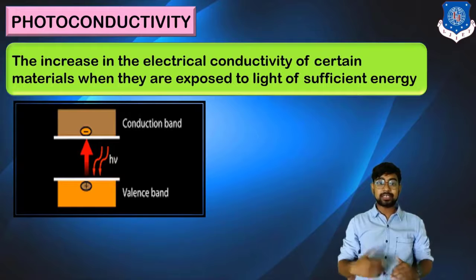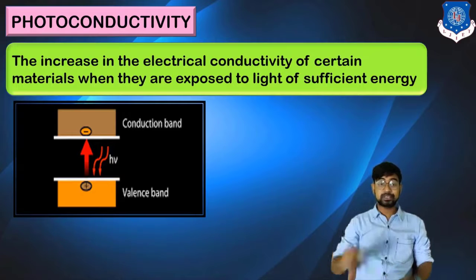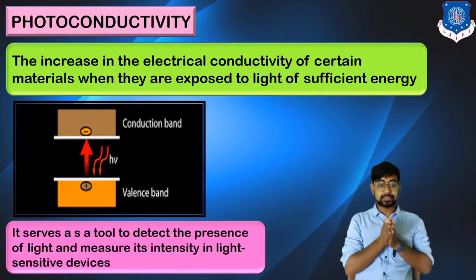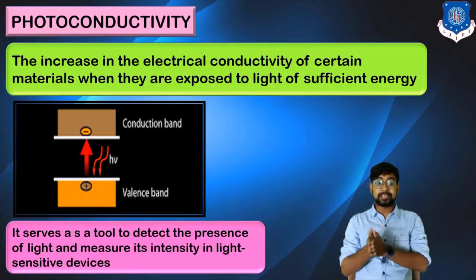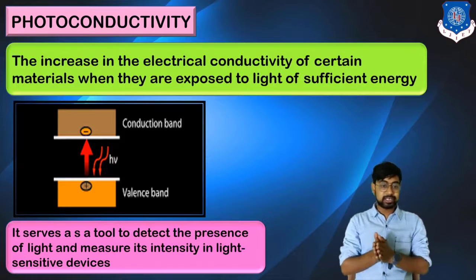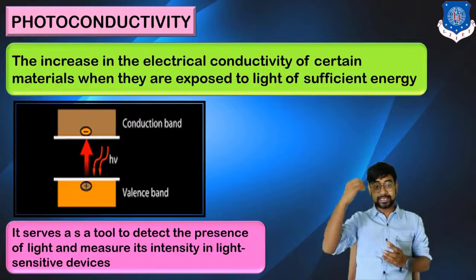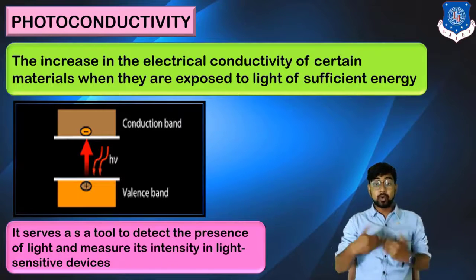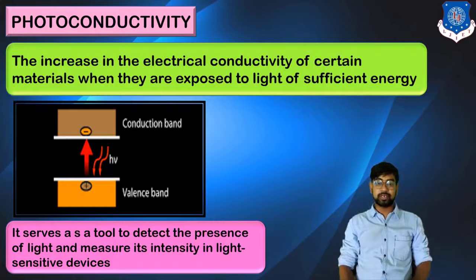This is how the conductivity increases, meaning electrons are increasing. Similarly, it serves as a tool that detects the presence of light and measures its intensity, and these are nothing but light sensitive devices. As the light increases, the conductivity increases, meaning more electrons will be generated.